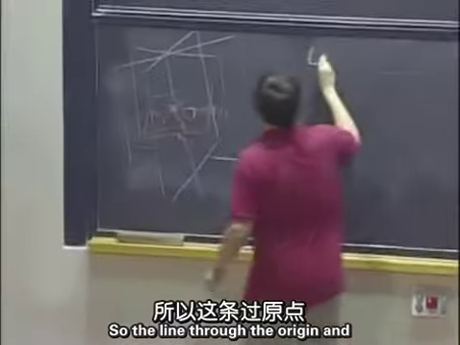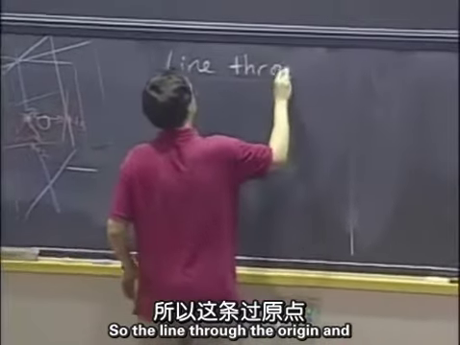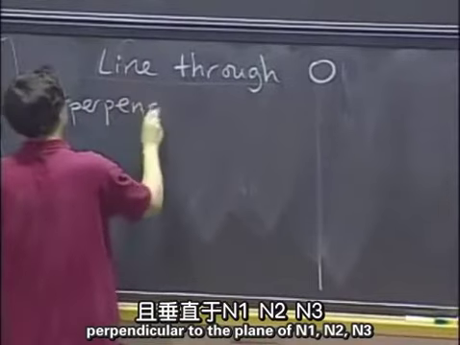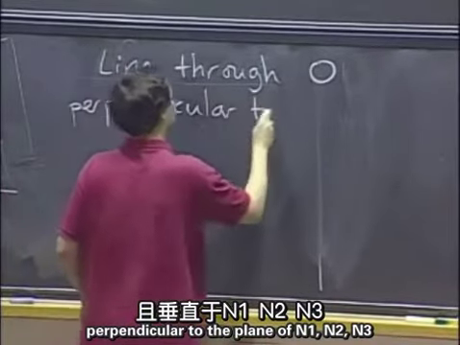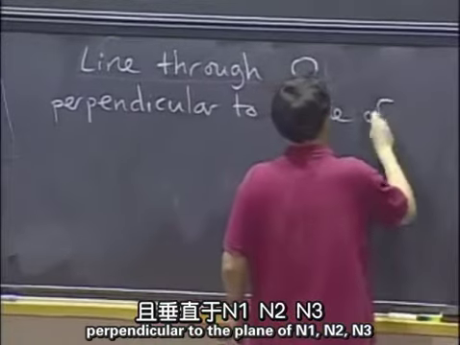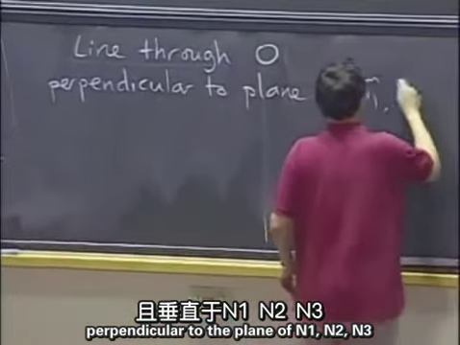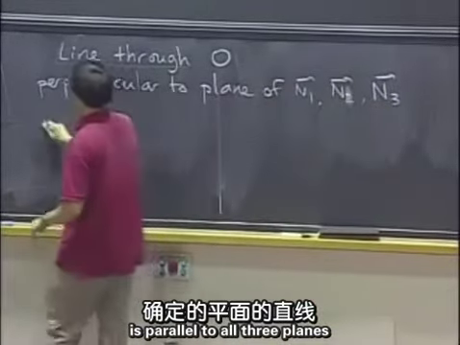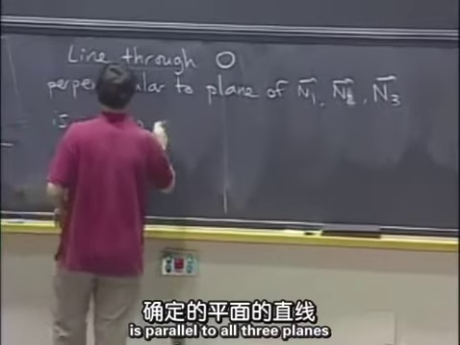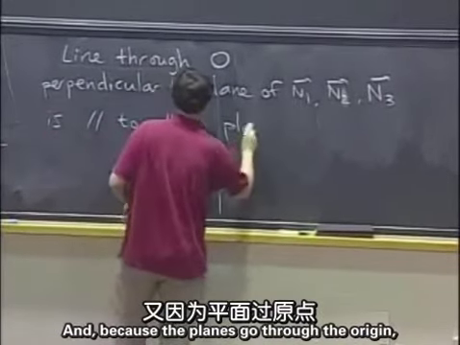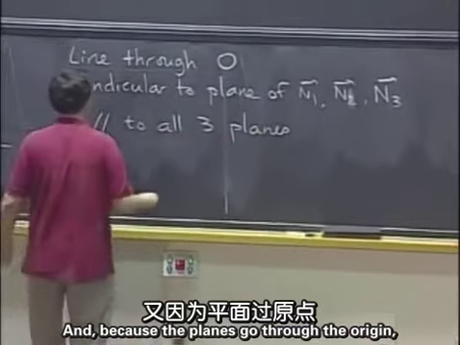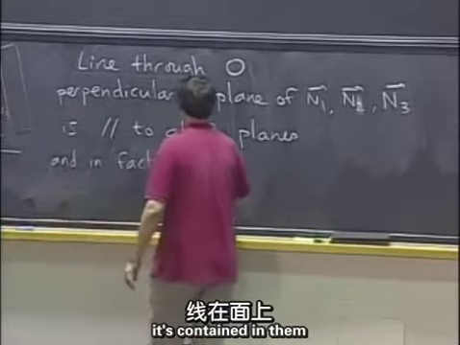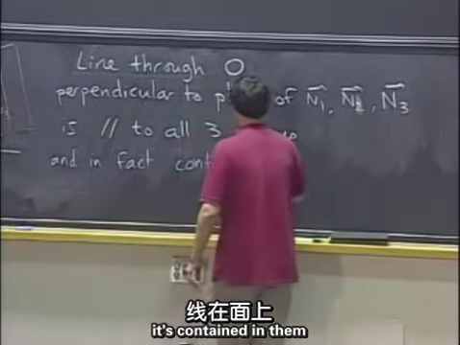Okay. So the line through the origin and perpendicular to the plane of n1, n2, and n3 is parallel to all three planes, and because the planes go through the origin, it's contained in them.